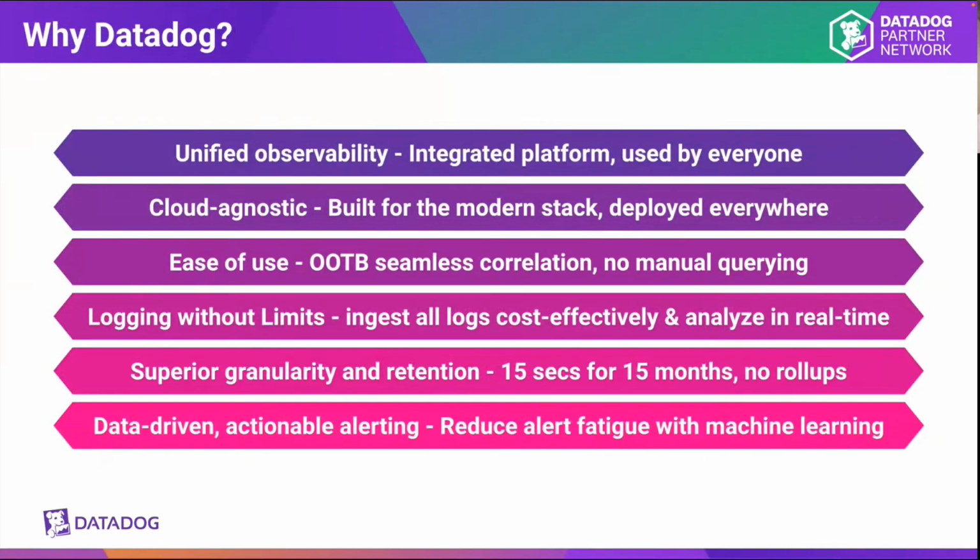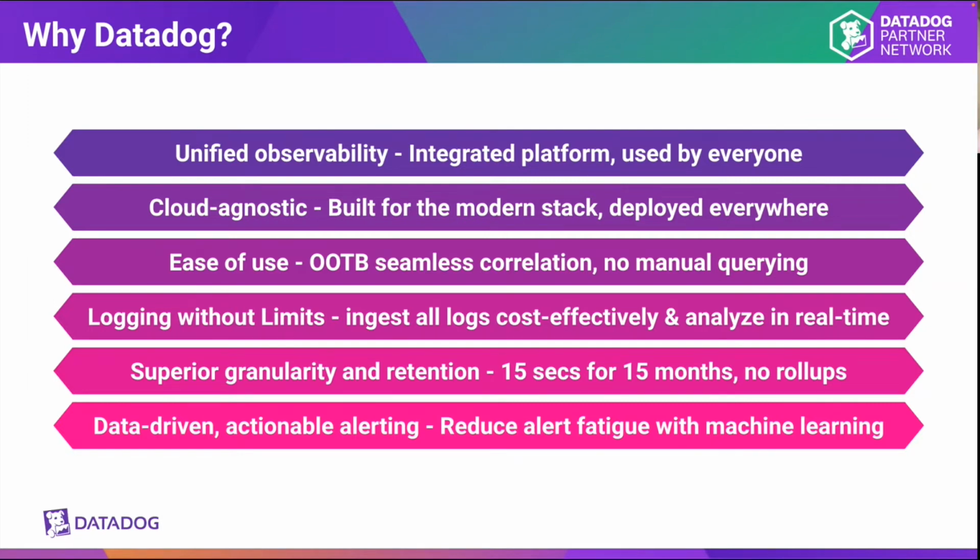So why Datadog? Our biggest differentiator is that we unify the three pillars of observability, metrics, traces, and logs, in a SaaS monitoring platform with a single unified agent. We've already discussed that at length. Here are other differentiators that are unique to Datadog. Cloud agnostic, built for hybrid architectures and can be deployed everywhere.